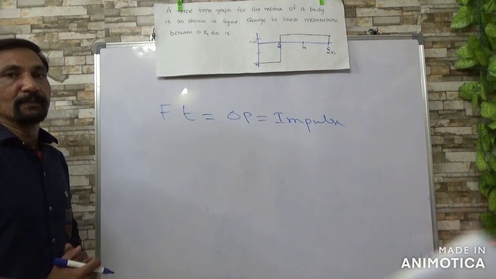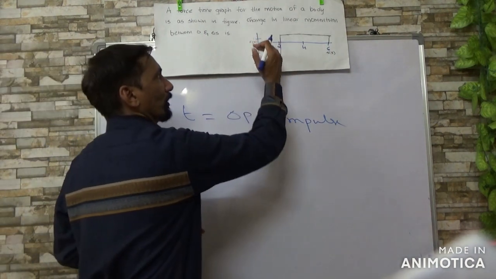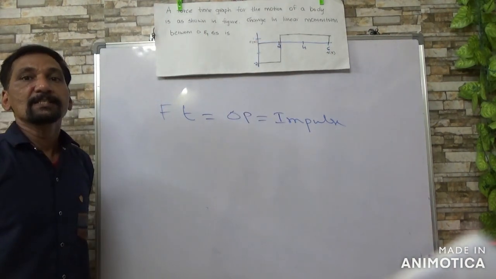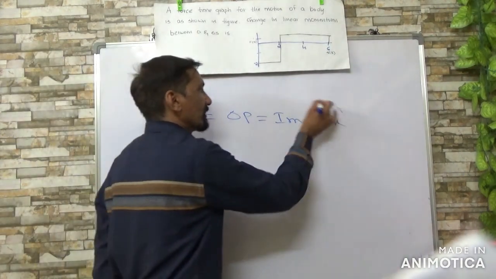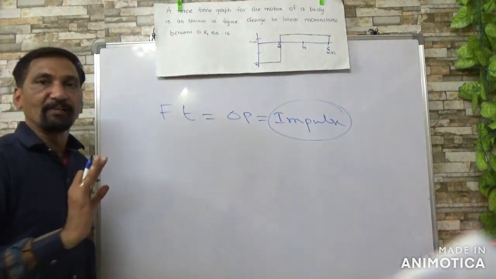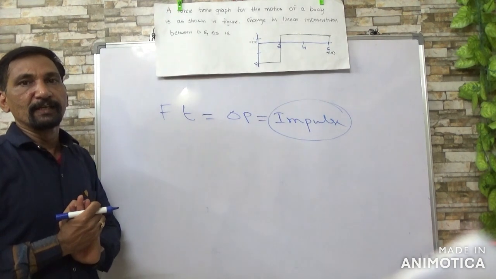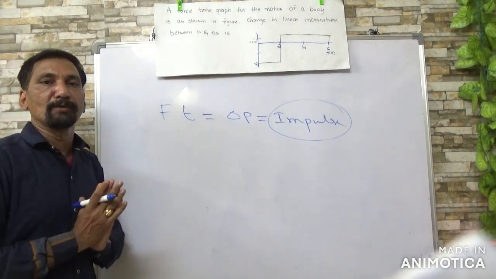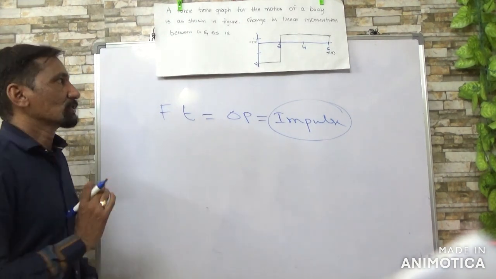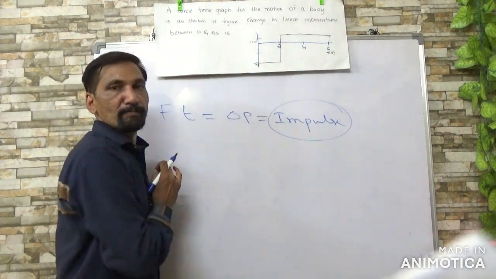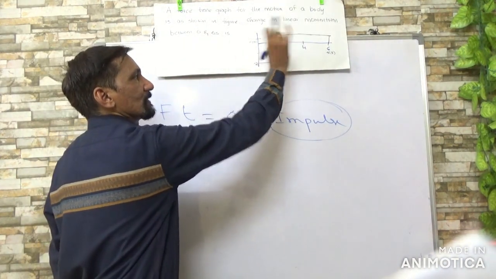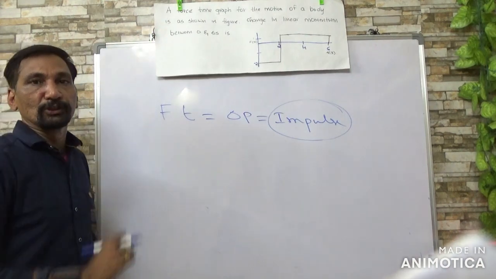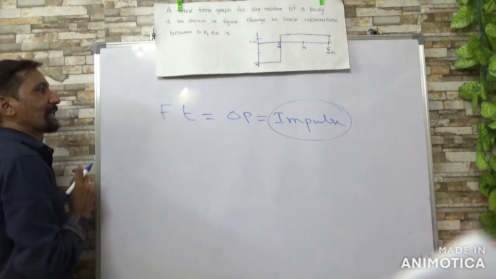By taking the areas, those on the negative side must be subtracted, since it is a vector quantity. Otherwise you would have to add all areas. So change in momentum or impulse is a vector quantity, that is why this area must be subtracted. This is added because it is on the positive side of the x-axis.